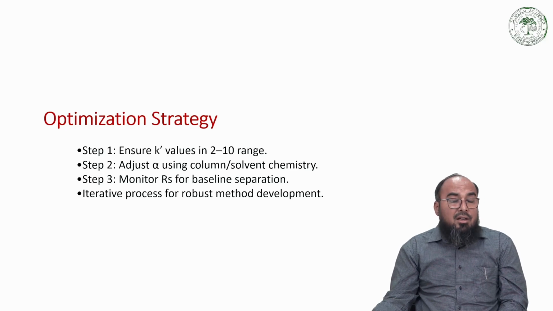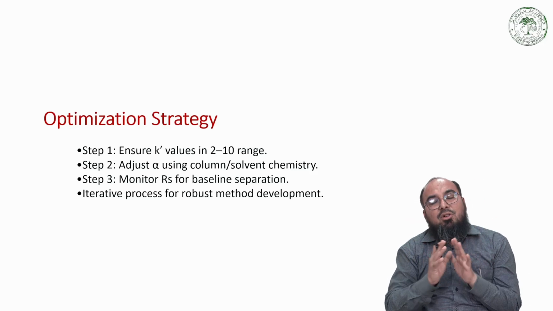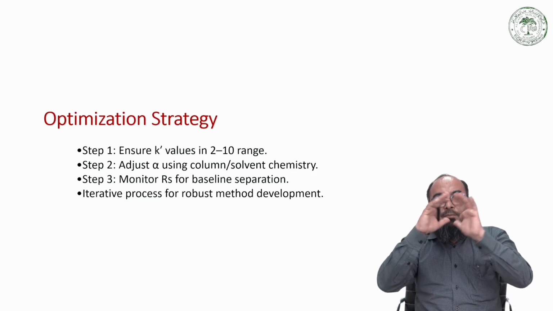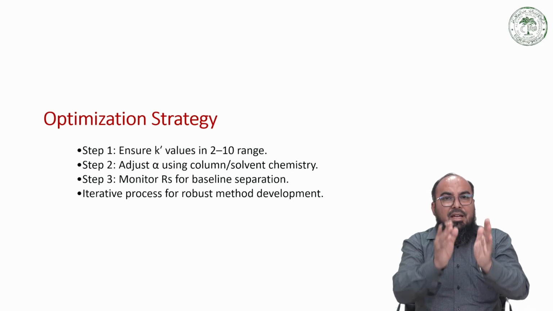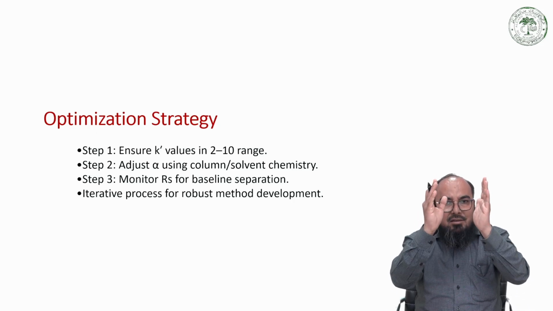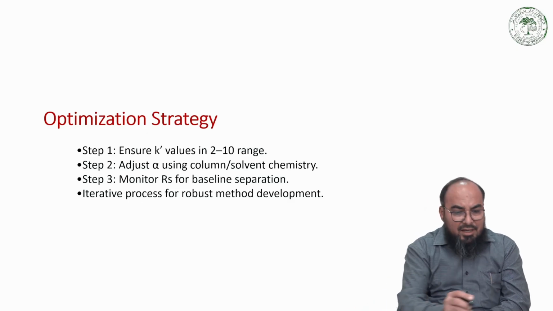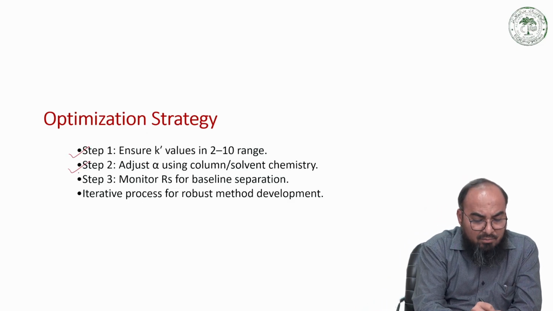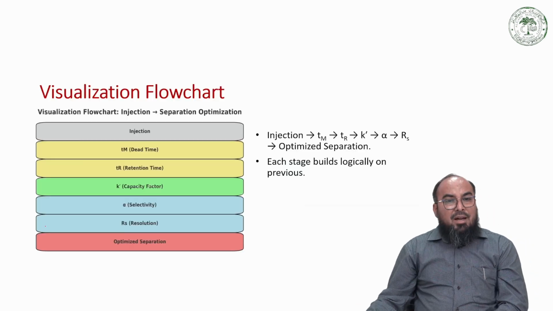Similarly, we have to monitor RS, that is, the peaks must be well resolved. They must not overlap or superimpose on each other. They must be separate, and the peak must have as small a width as possible. So it is very important to optimize the column, and these are the three important steps to optimize your column.